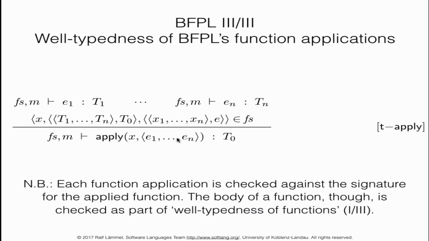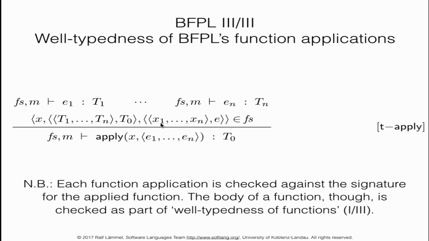And so we can show that this application is of type t0, if we first determine some types for the actual argument expressions, so this is t1 to tn, and then we check that indeed there is a function definition in the list of function definitions fs, such that it's the right function name, x, that we apply, and the declared argument types t1 to tn correspond, they are equal to the types that we determine for the actual argument expressions.